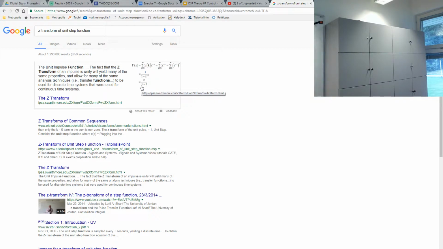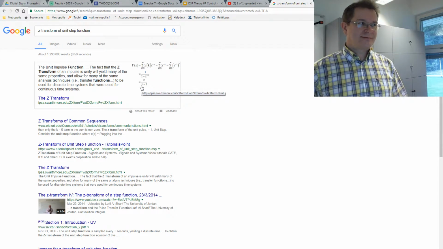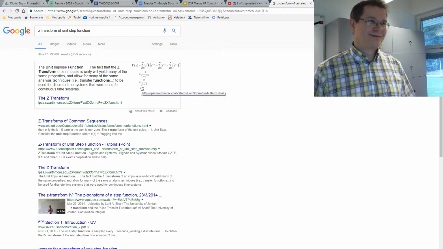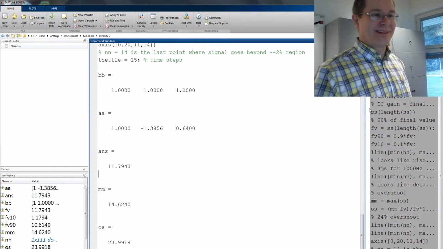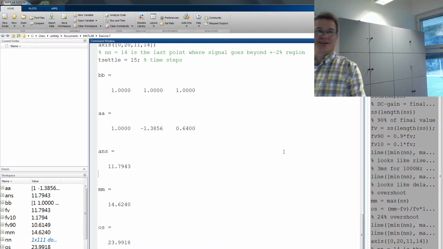Right. Correct? Maybe. Okay, this is actually a little bit easier than it looks, the limit value theorem in this case.